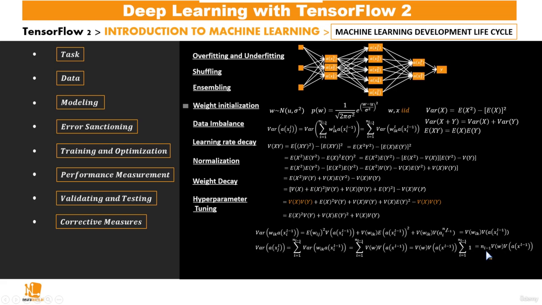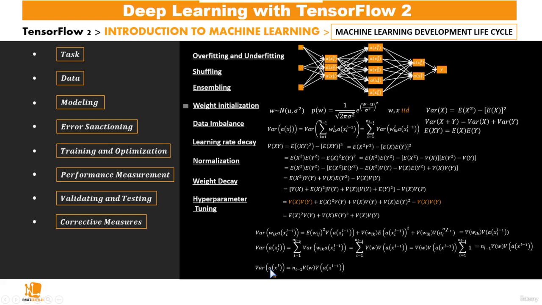So here we have NL minus 1 times this. And so we could write that the variance of this hidden layer output is the same as NL minus 1, the number of neurons we have in the previous layer, times the variance of the weights times the variance of the hidden layer outputs in this previous hidden layer right here.